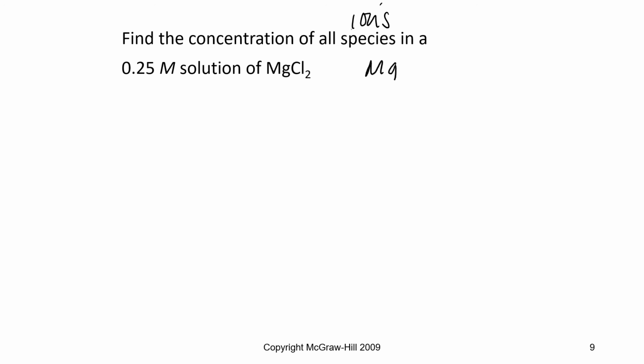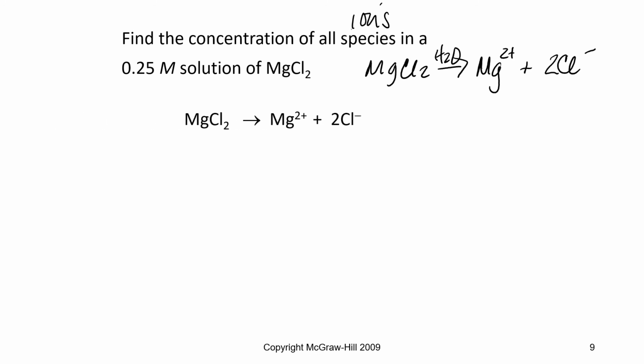If we write an equation that describes what magnesium chloride looks like when it's dissolved in water, we've got a magnesium ion and 2 chloride ions. We're told the molar concentration of that magnesium chloride.